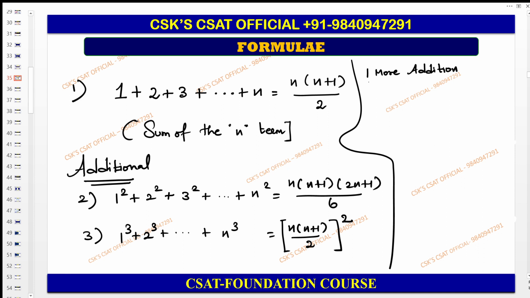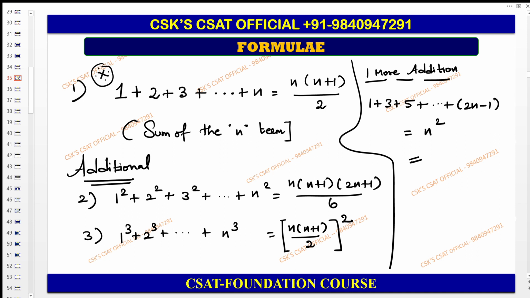If you are not good, then leave this one. You can take this also: 1 plus 3 plus 5 plus etc plus 2n minus 1, which is equal to n square. So this much is enough, but the first one is important.